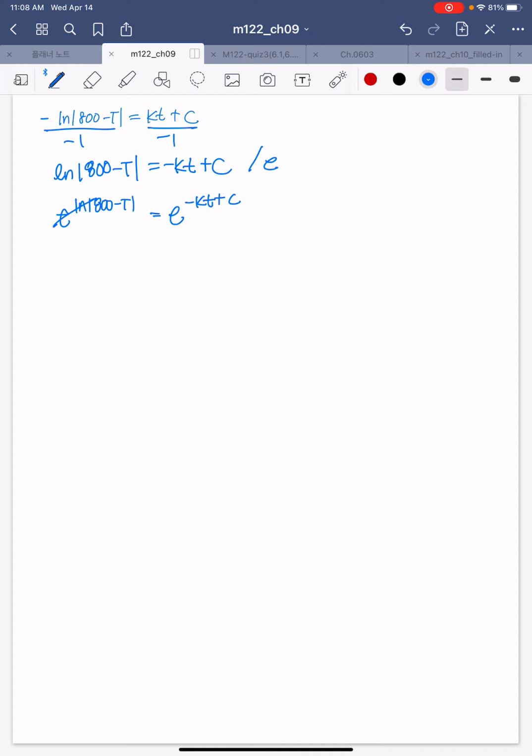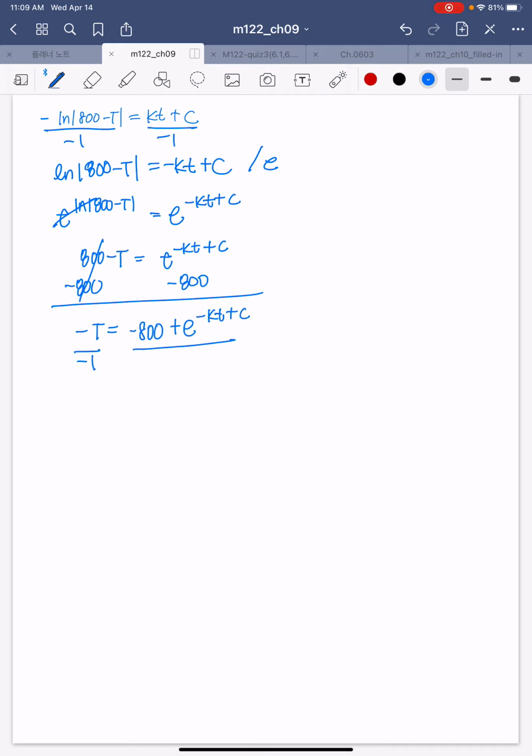So I have 800 minus T is equal to e raised to the negative kt plus c. So subtract 800, negative T is equal to negative 800 plus e to the negative kt plus c. Divided by negative 1, I get T is equal to 800 minus e to the negative kt plus c.